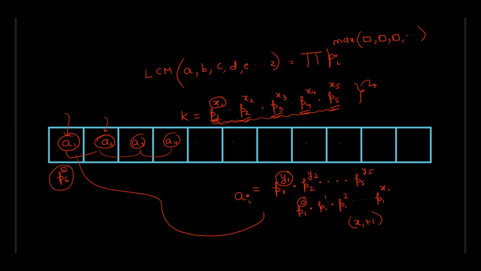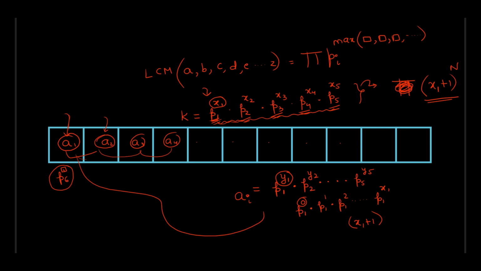So you can see the total number of choices for making sure that this prime factor is accommodated in all the integers correctly. The formula would simply be the product of x1 plus 1, n times, right? Which is nothing but, you can simply remove this product, x1 plus 1 to the power n.